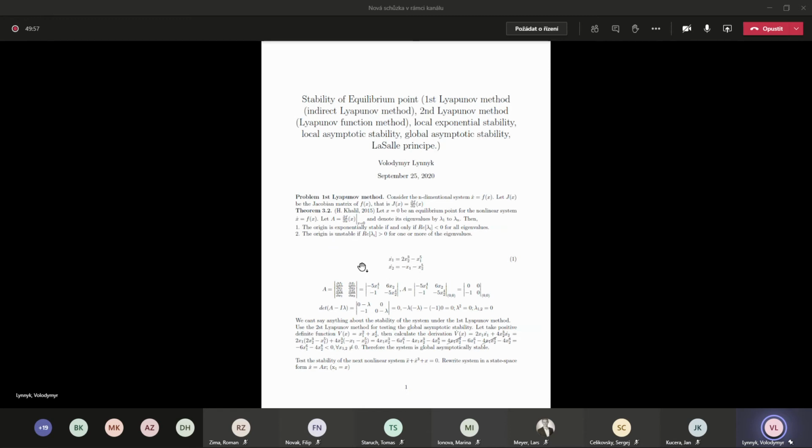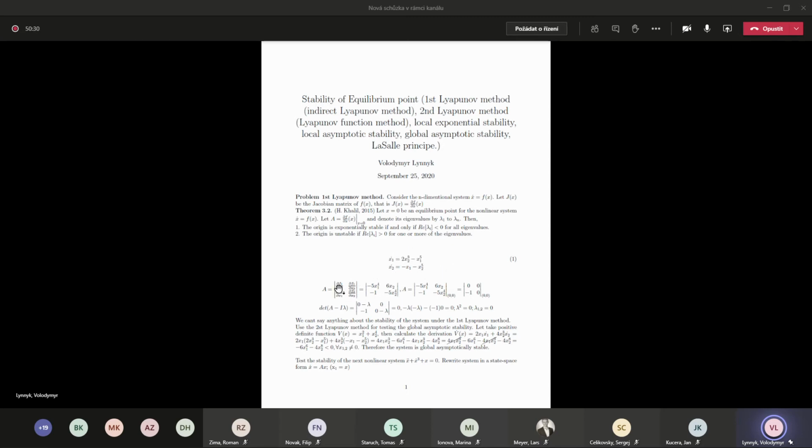And now let's analyze this system. This is a nonlinear system: x1 dot equals 2 x2 cubed minus x1 to the 5, and x2 dot equals minus x1 minus x2 to the 5. We calculate the Jacobian.